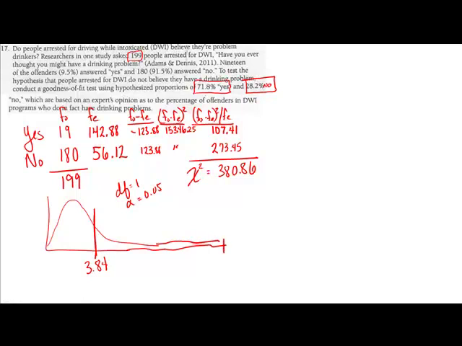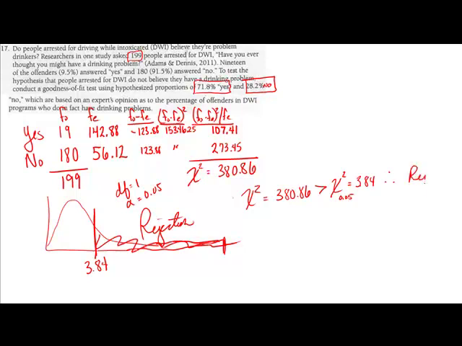We are way out here in the rejection zone. So because our chi-square is equal to 380.86, which is greater than our critical value of 3.84, therefore, we can reject the null hypothesis.